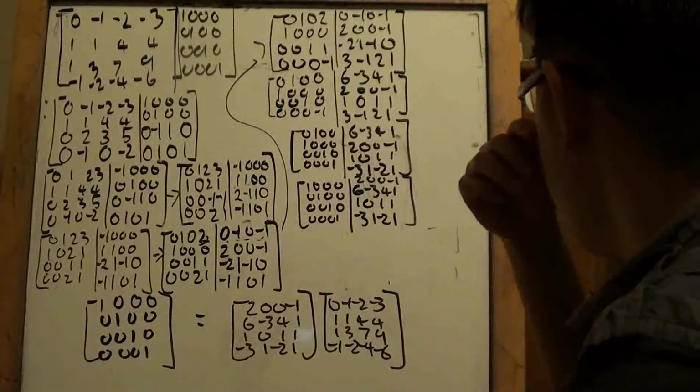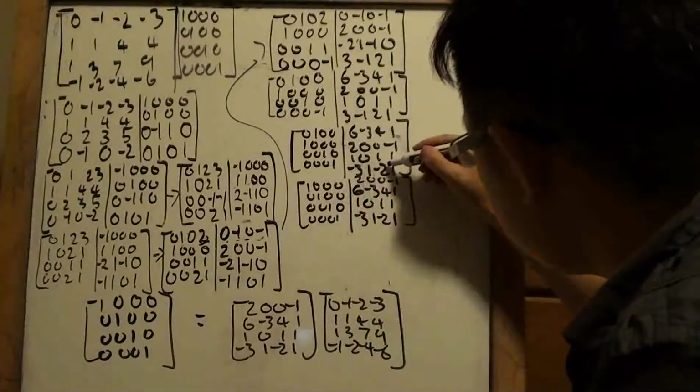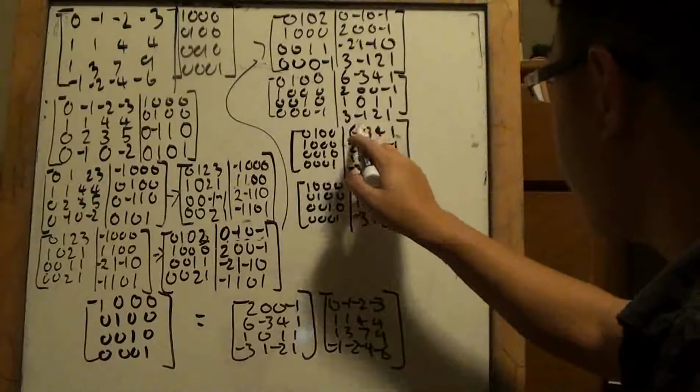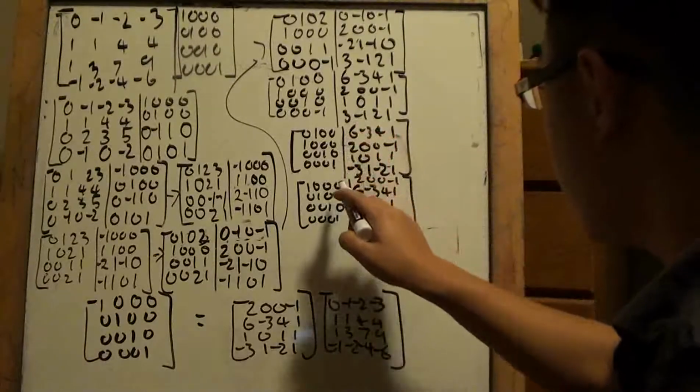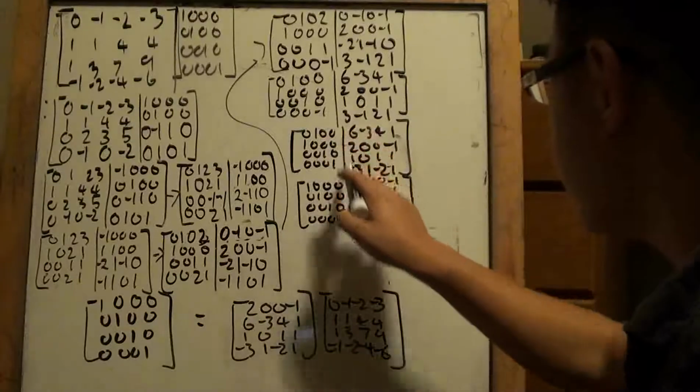Let's see. So this is going to be negative 1. Right? So negative 3. Right? Yeah, I switched the sign.